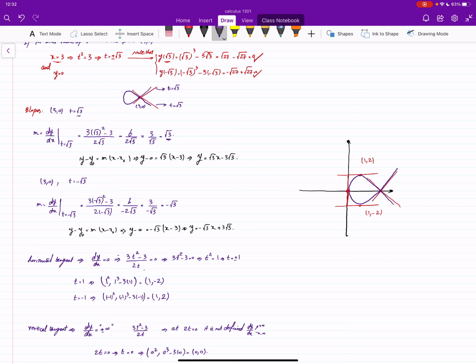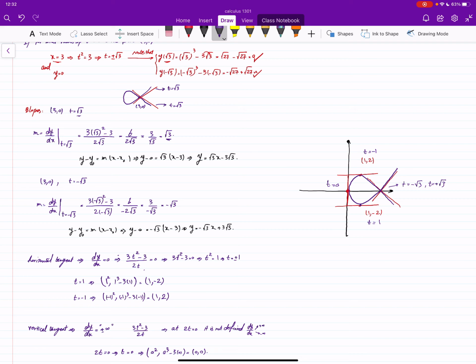And the direction, the way it works, you see, for this point, the t that we found is -1. For this point, we have 2 values of t: t is negative root 3, or t is plus root 3. And for this point here, t is 1. And for this one, t is actually 0.